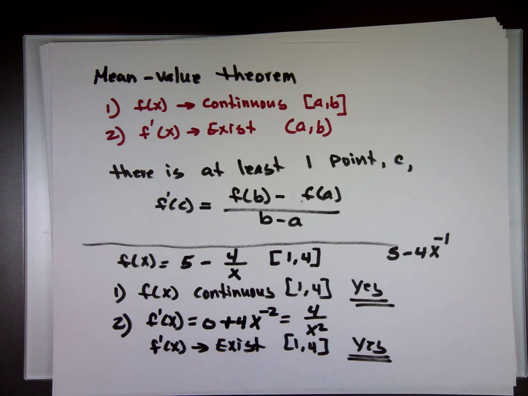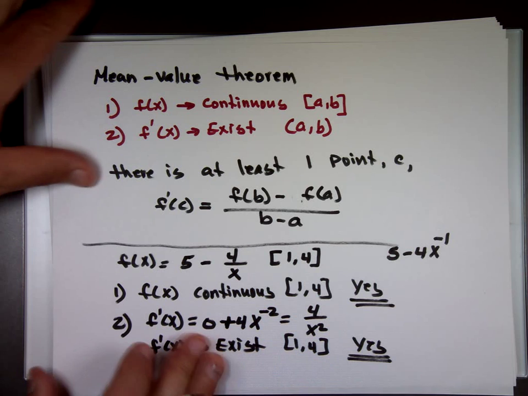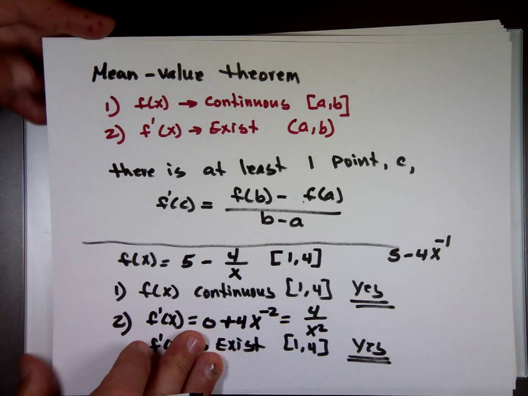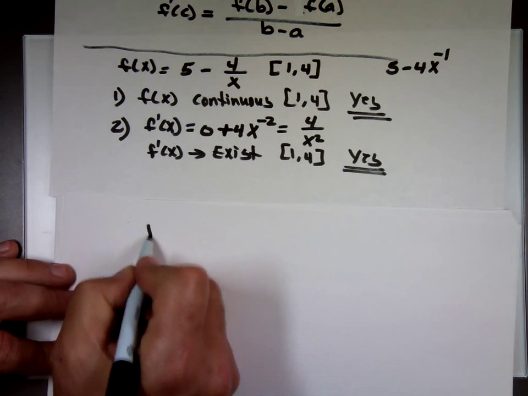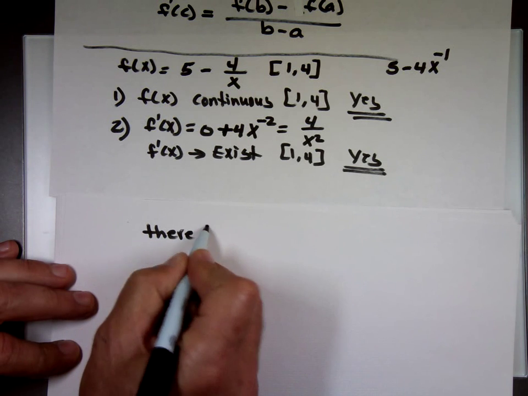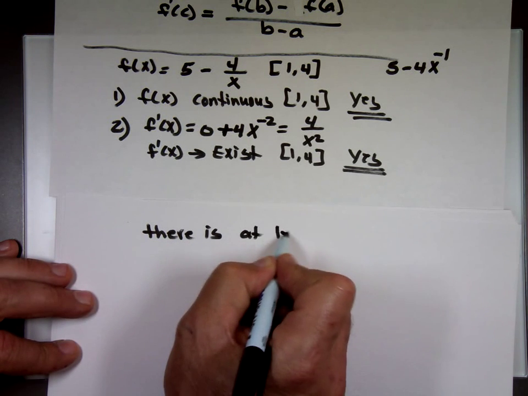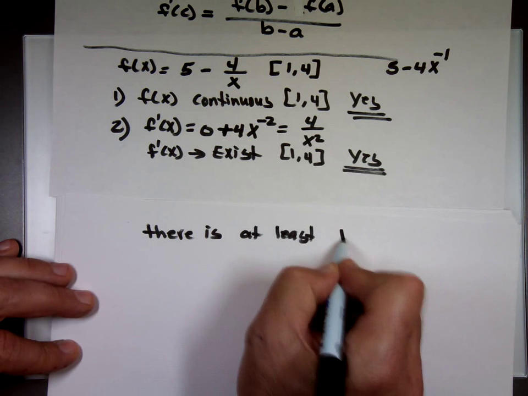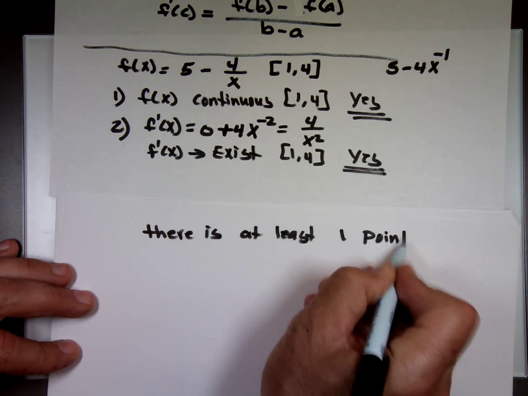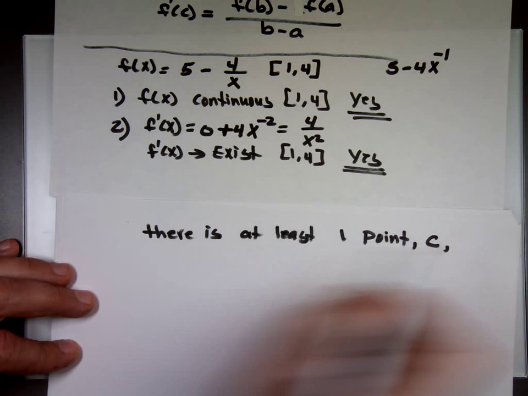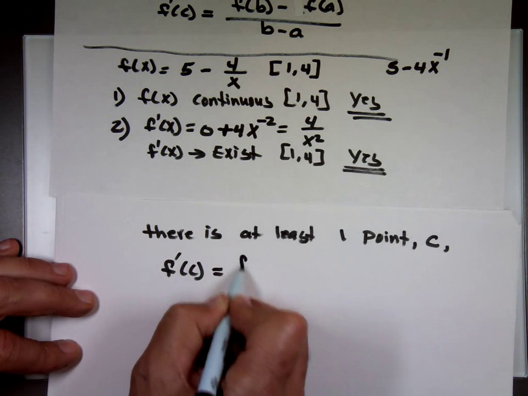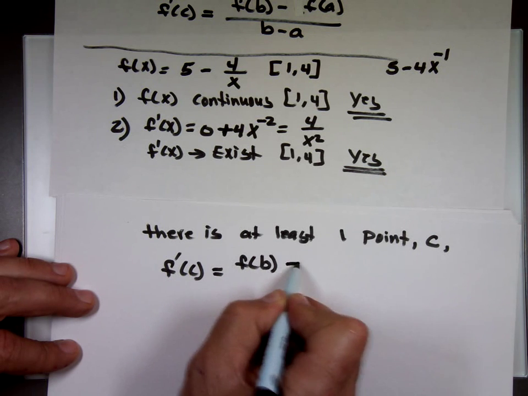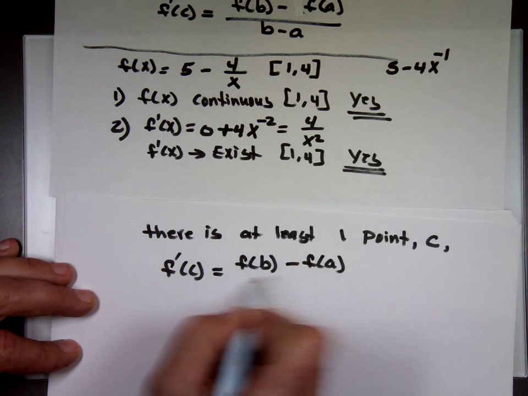Then it says there has to be at least one point between 1 and 4, we'll call it C, where the derivative there equals f of b minus f of a over b minus a.